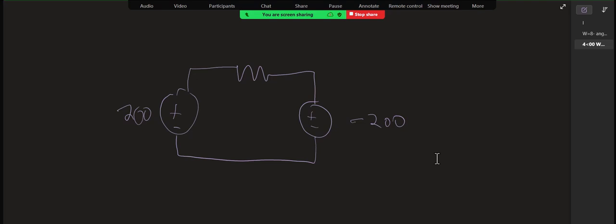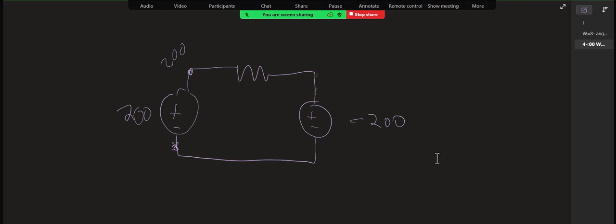And I wanted to figure out what my total voltage was here. So going from here to here, I go up by 200. So I'm 200 more on this side.